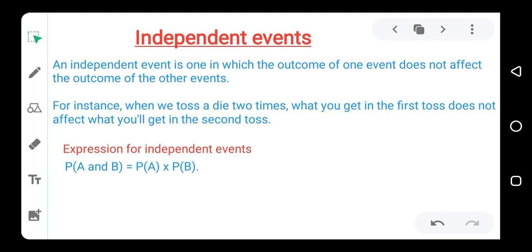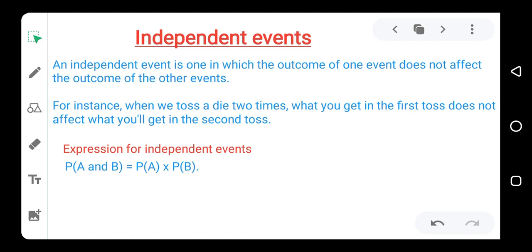So this is an example of an independent event, when the result you get in the first one does not affect the result you get in the second one.